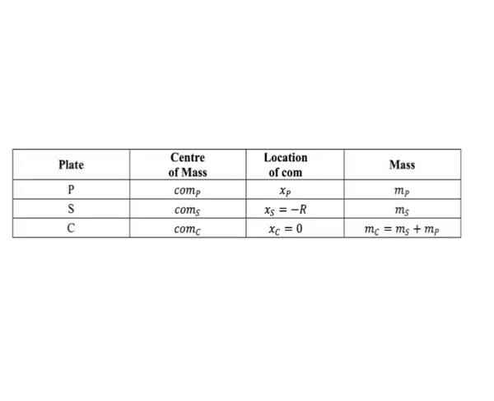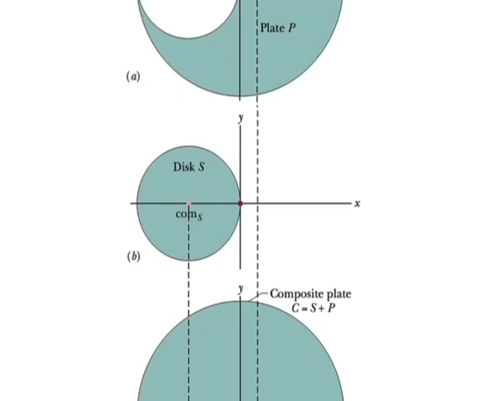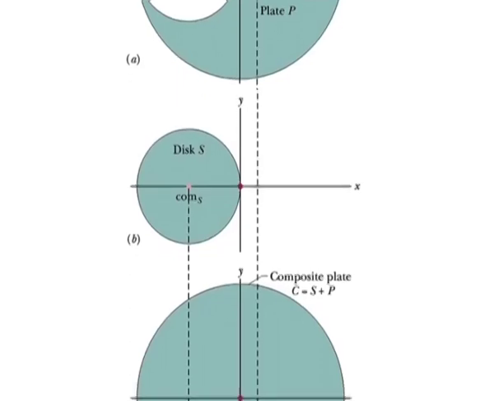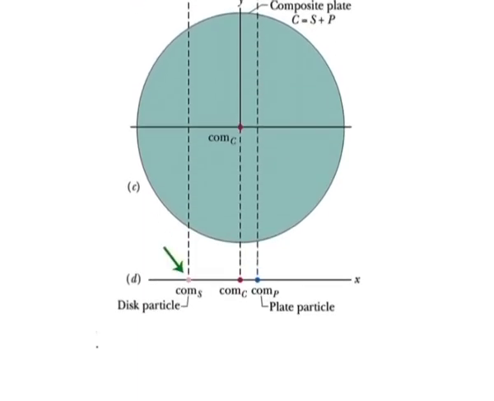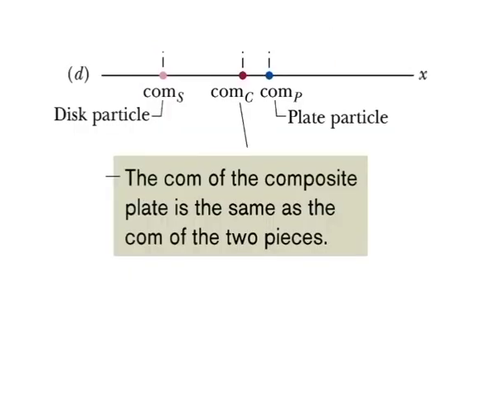Now we have the following parameters: the plates, the locations of the centers of mass, and the masses. Assume that mass ms of disk S is concentrated in a particle at xs equal to minus R, and mass mp is concentrated in a particle at xp as shown in figure D.